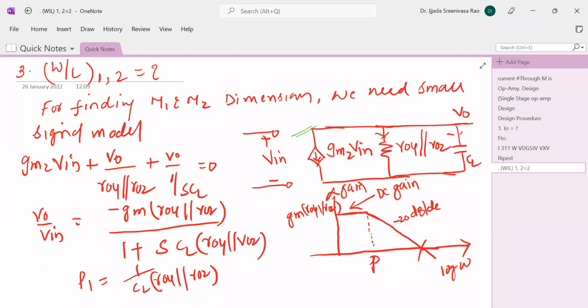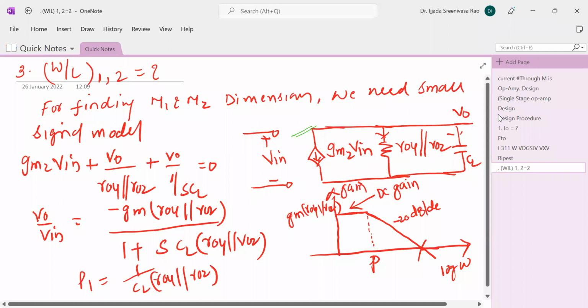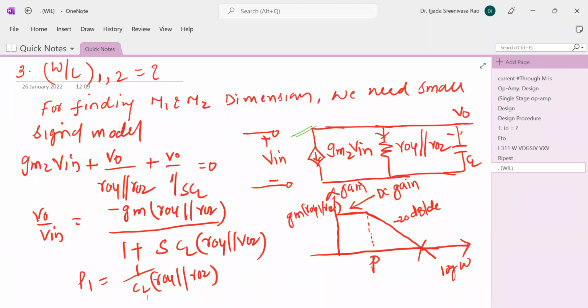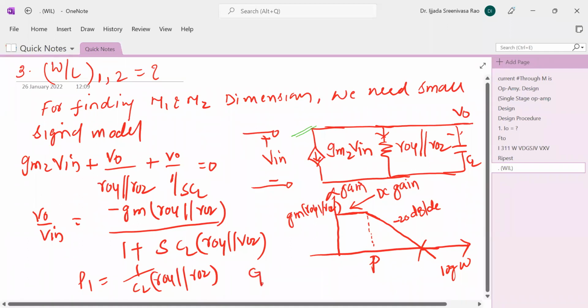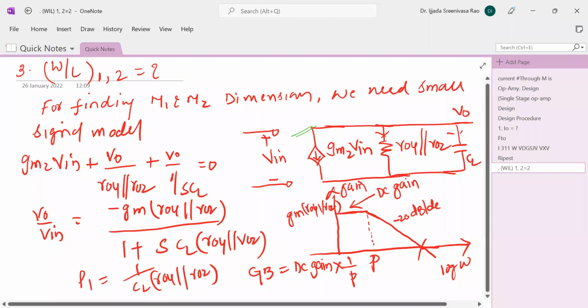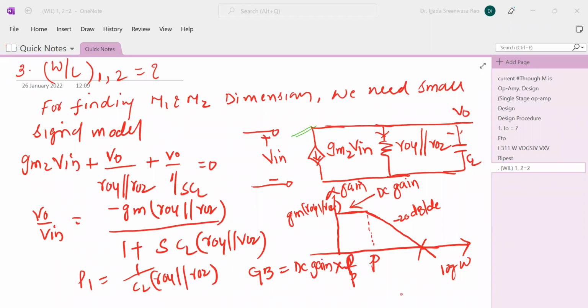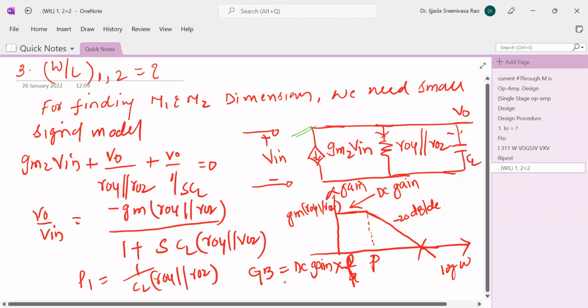No, sir, I understood. Yeah. The next one is a continuation of this. This plot is a single pole system. Now from this curve, I can say the gain bandwidth product is equal to the DC gain multiplied with the pole. What is the DC gain you got?